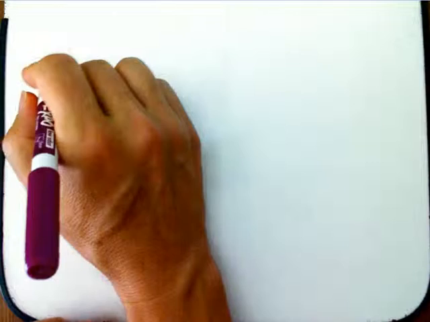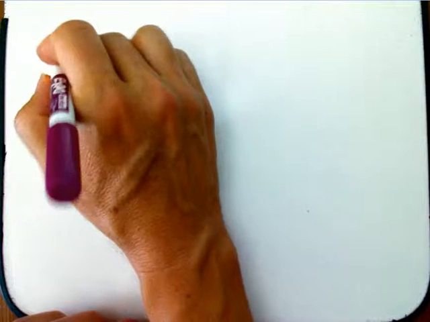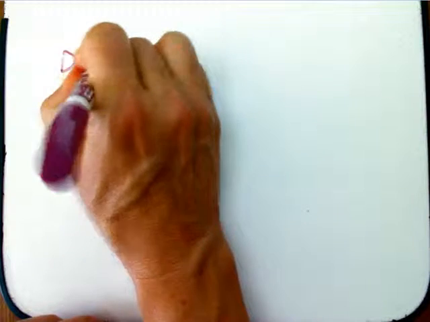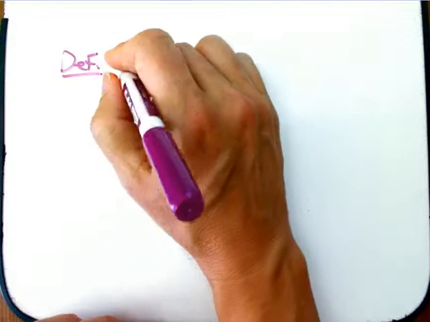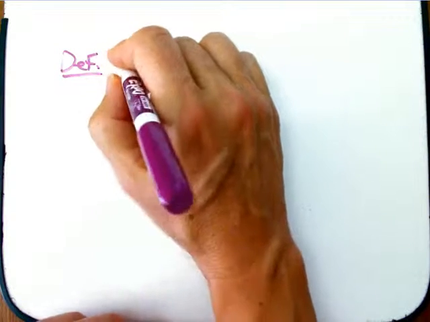Okay, so let me talk about something that I'll go into more depth on in the supplement. The real definition is a little less strict than what I was doing here.